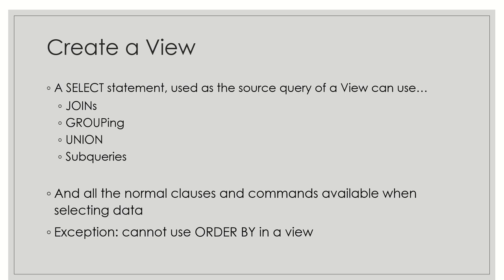You can include calculated columns, any type of things that you can do in a select query. The only exception is that a view cannot include an order by line. So you can't control via the view how items are ordered. But that's okay because the view just creates the data set. When we select from the view, then we can apply ordering to it.